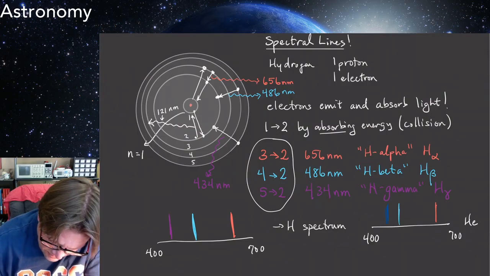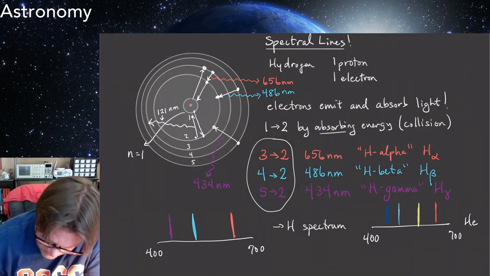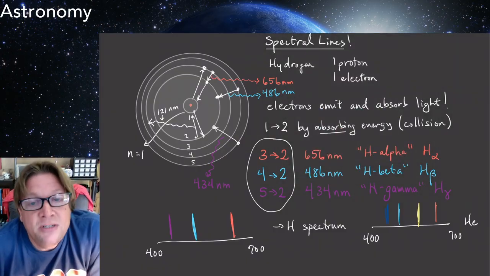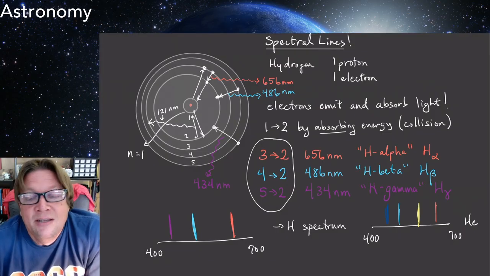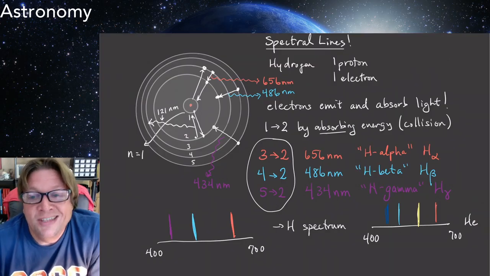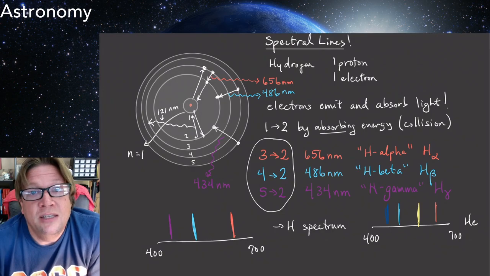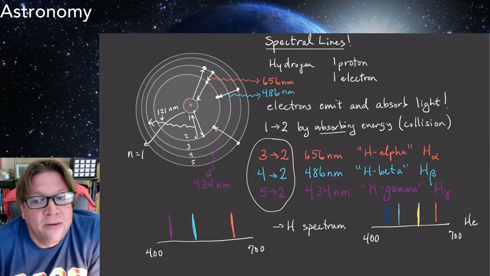What you're going to see is that helium also happens to have a yellow spectral line, because its structure is different. It's got 2 protons, it's got 2 electrons. Everything is way more complicated for helium and then going up the table. But the upshot is that it's got its own barcode. So if we see this particular set of lines coming from a star, we know there's helium there. Very, very cool. So this is basically where light comes from.